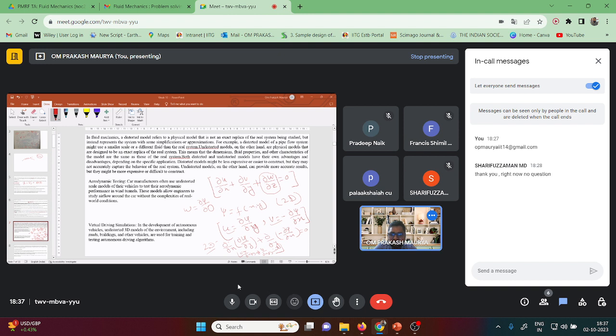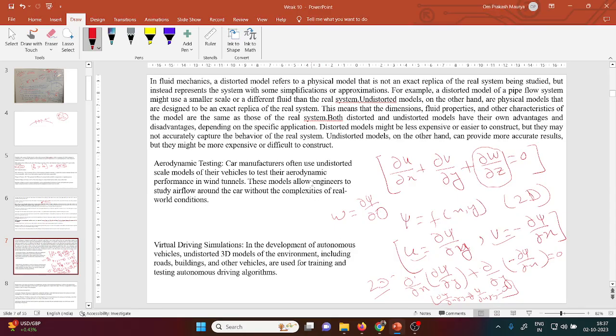Thank you. Okay, now we'll move on to the distorted model and the undistorted model. I want to give an example on that, so I think Francis, your doubt will be definitely clear. So undistorted model means what?